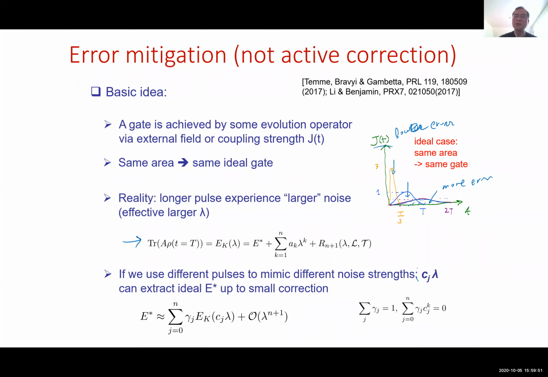So don't really mind the details of this. The idea is that if we have a strength, we can tune the strength of the error. Then we can extrapolate to zero error.